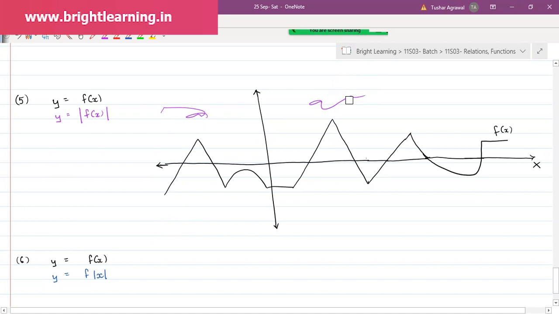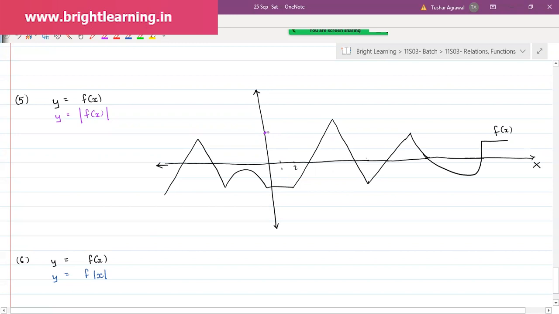So sir, if I take x equal to 0, whatever my depth was, the depth is, let's say, -3, which means the image is -3 in the black graph. Now the new image in the purple graph will be +3. For x equal to 1, the image was -3.